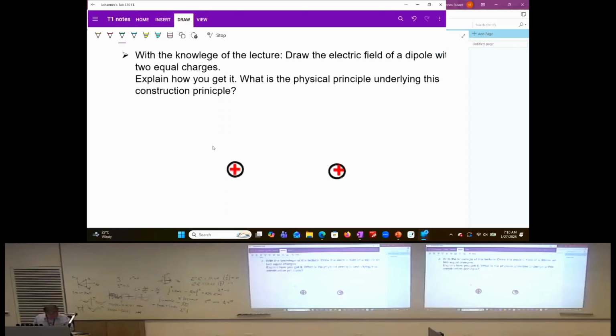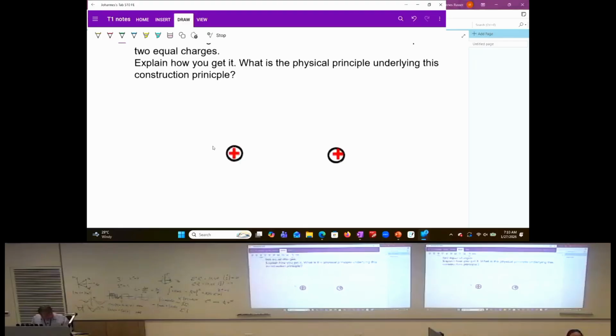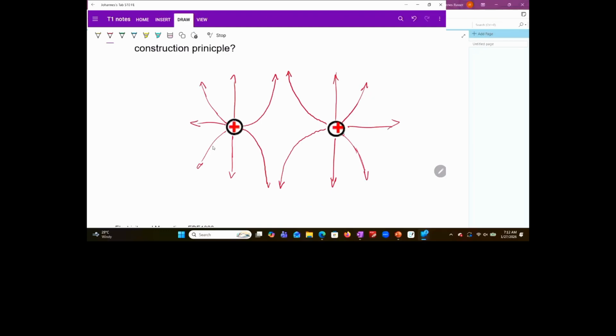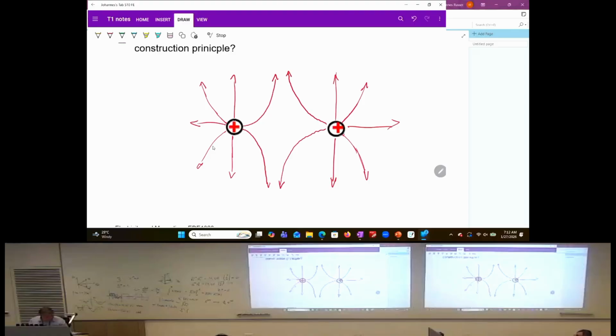Now we have a different case, and that is a case where two like charges, in this case two positive charges, are brought together. And as with the monopole, the lines go out. Also here they go out, but they bend here. And you will also get equipotential lines again, which will roughly look like that. They're coming up in the lecture slides.